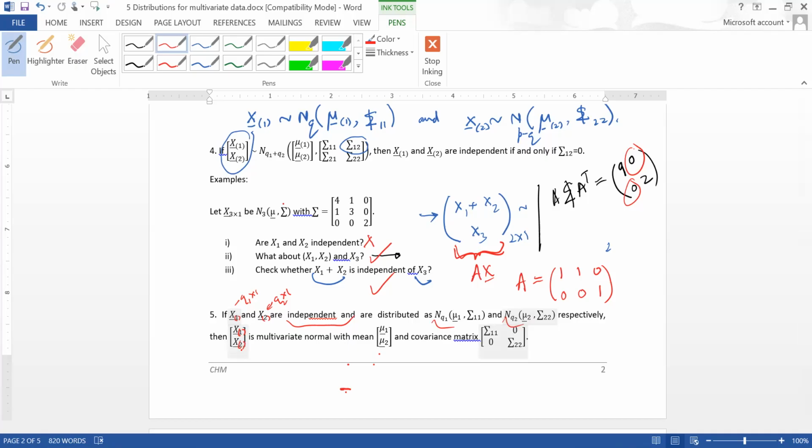That means if you put these two vectors together, you can create a multivariate normal distribution with the extended mean vector, you just combine mu1 and mu2. And as the two are independent, you can see covariance part 0, but you have sigma 1 1 part from the first part and sigma 2 2 part here, right? So you can create a multivariate normal distribution by putting these two separate multivariate normal vectors together, right? That's the fifth property.